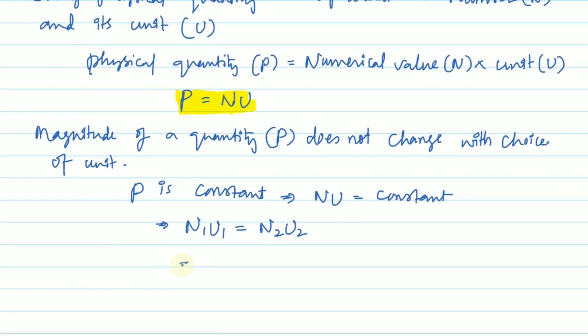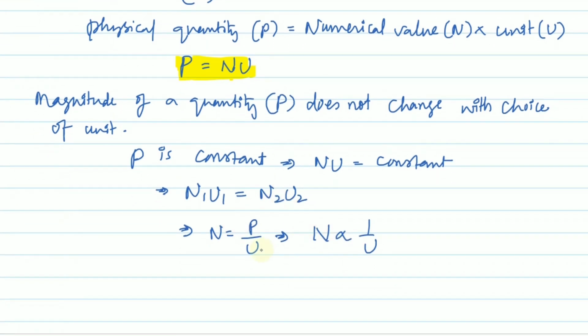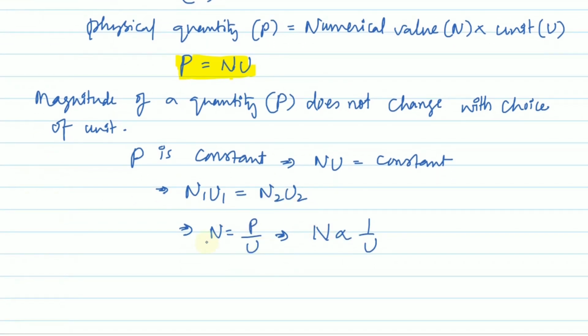Then we can write n is equal to P upon U. So from this we can write numerical value is inversely proportional to unit. So greater the numerical value, lesser the unit, and lesser the numerical value, greater the unit.